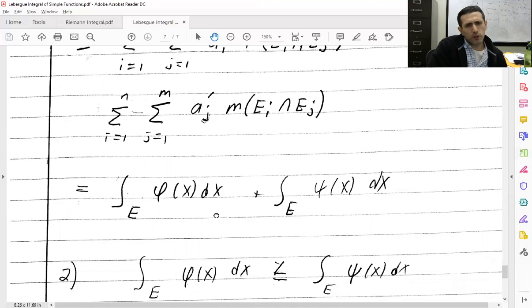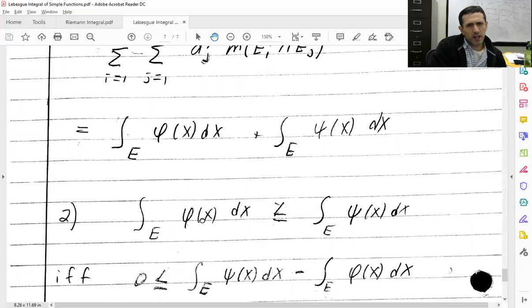Okay, so let's prove 2. This integral here being bigger or equal to this integral is the same thing as saying, just subtract this number here. Again, this is finite. There's no issue with that. The Lebesgue integral of a simple function is always finite because we're assuming E has finite measure.